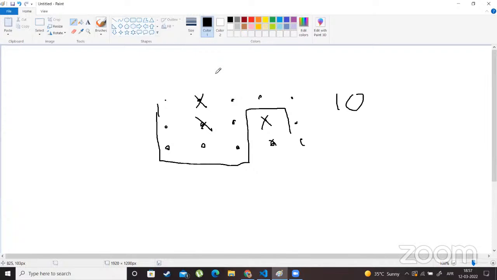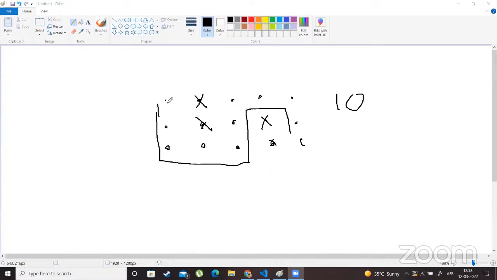So now the question is, how will we use BFS to solve this question? If you want to use BFS, you might want to construct a graph out of this arrangement which we are given.